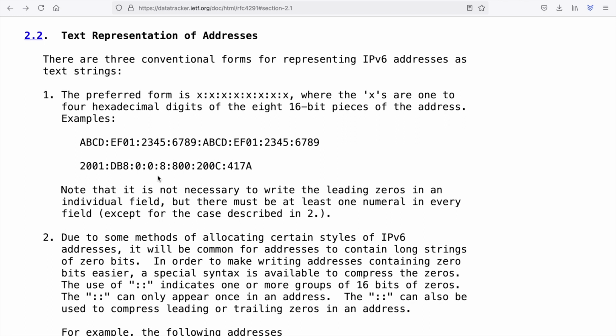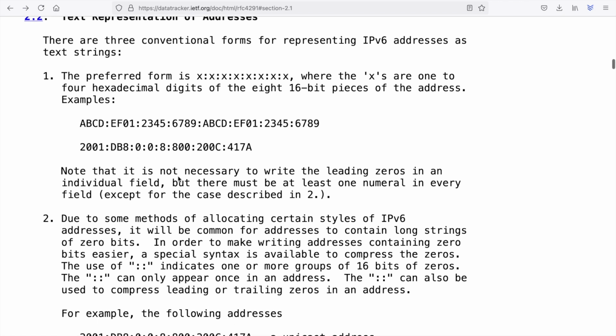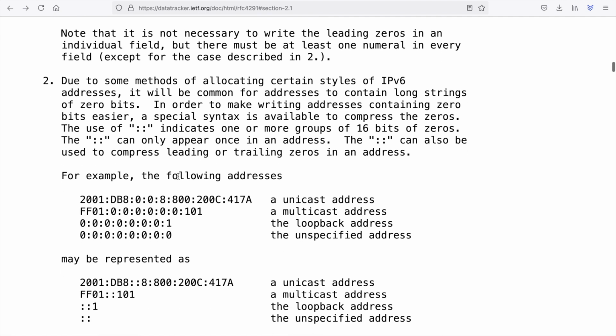It is okay, and it is a right way of representing with a single zero, which means you can omit all the leading zeros. And the same case in the sixth hextet, the leading zero is omitted, but the trailing zeros should be mentioned. So this is another right way of representation.